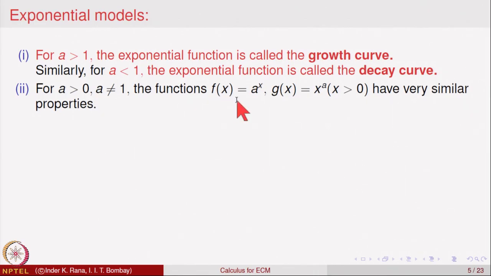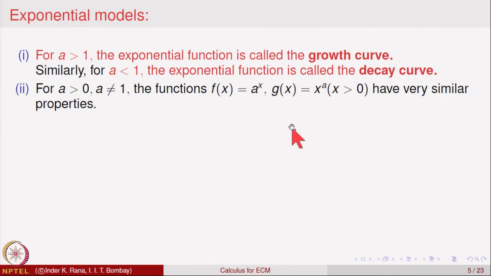Now just look at the exponential function a raised to power x and the function x to the power a. A is fixed in both of them. So, here the base is being raised to a power which is varying. Here the power is fixed and the base you can think is varying. Okay. So, what is the difference between these two functions, a raised to power x and x raised to power a?